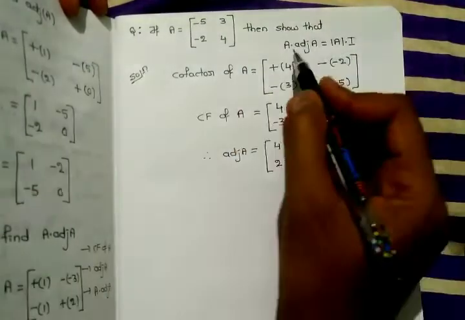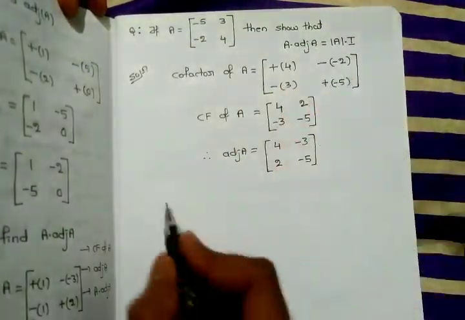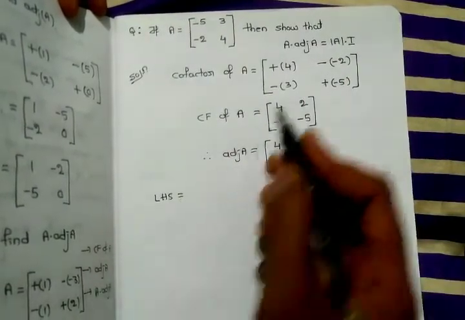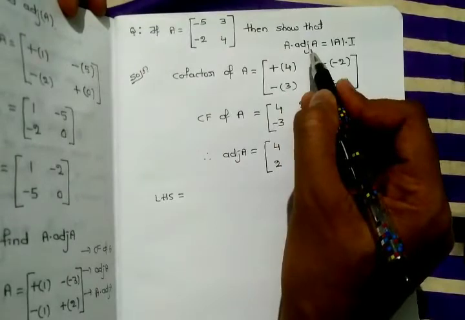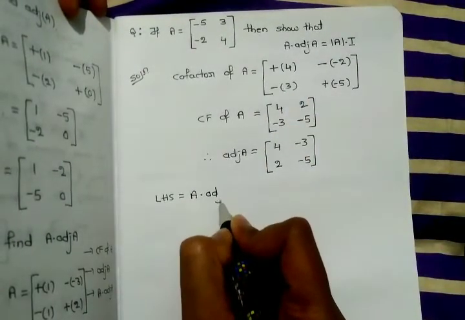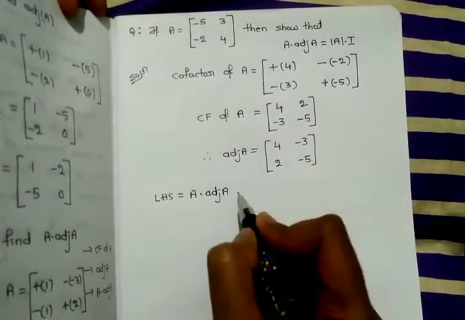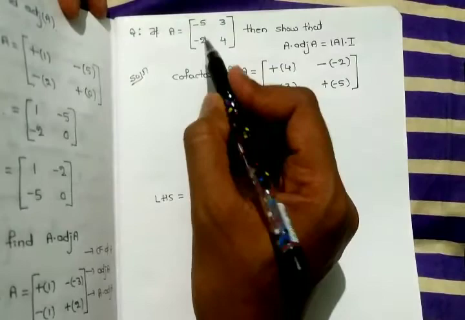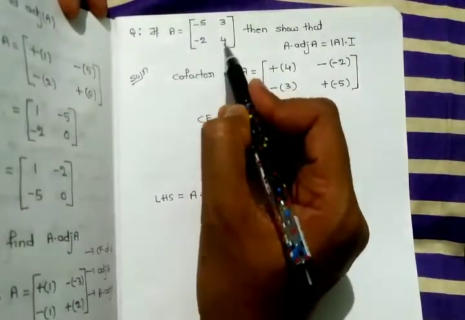Next, now take the left hand side. So right here, LHS is equal to, what is the left hand side? A into adjoint of A. First A is there, the A matrix already given, -5, 3, -2, 4. Note down.